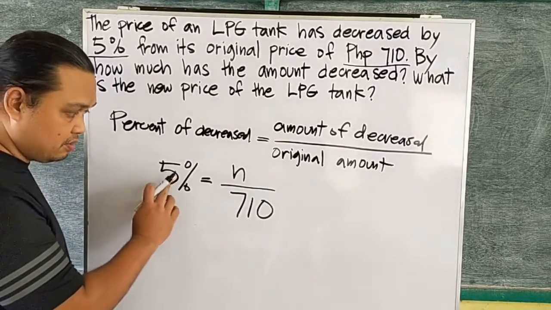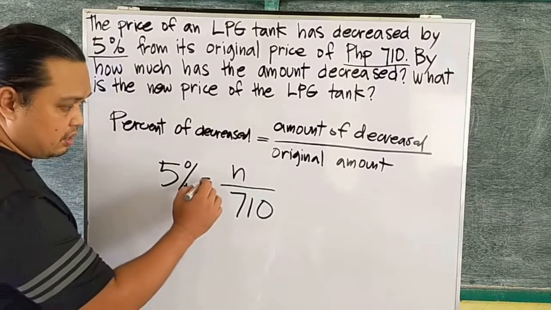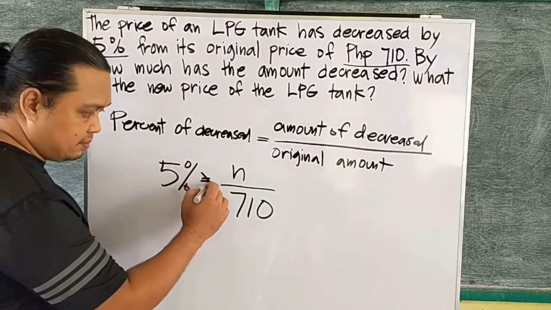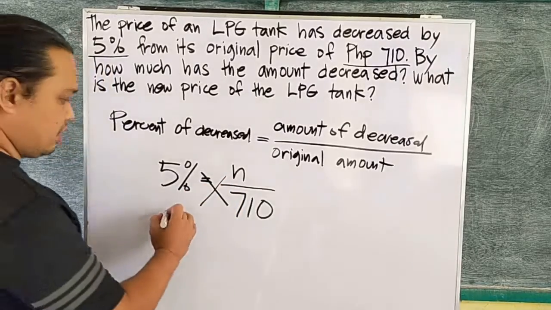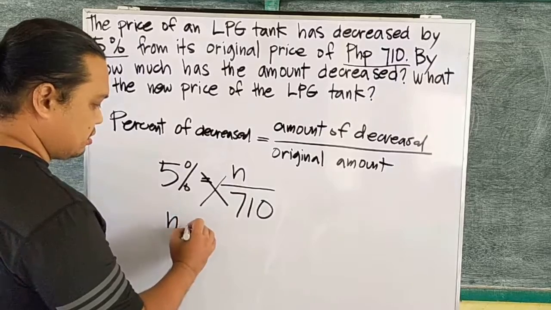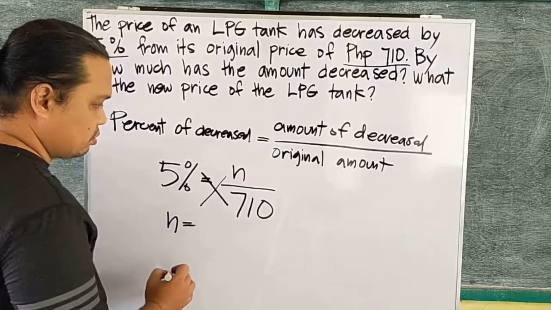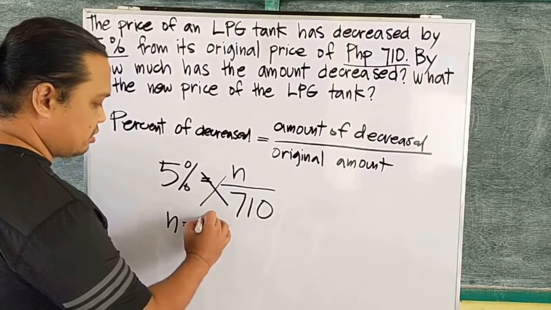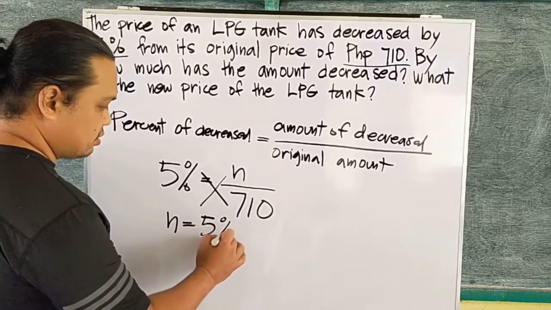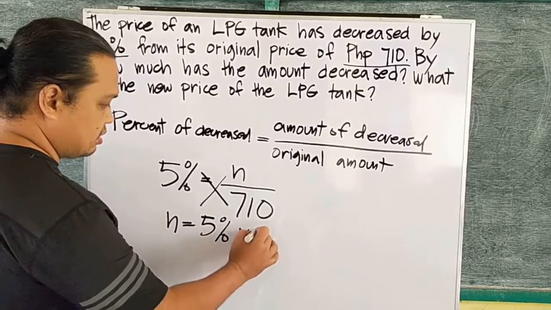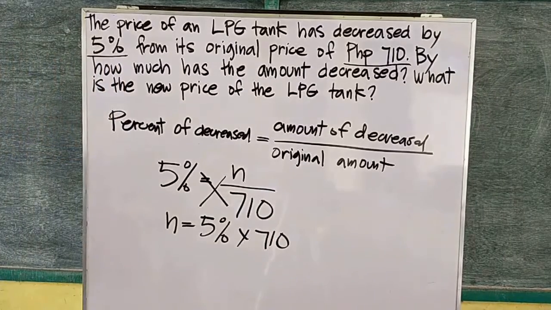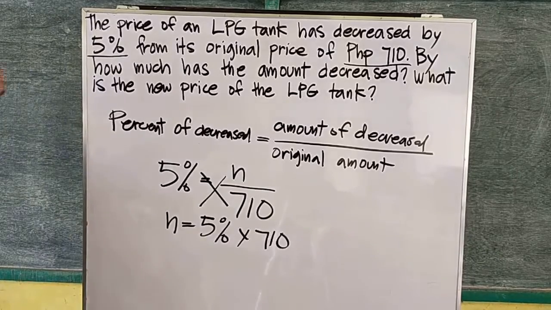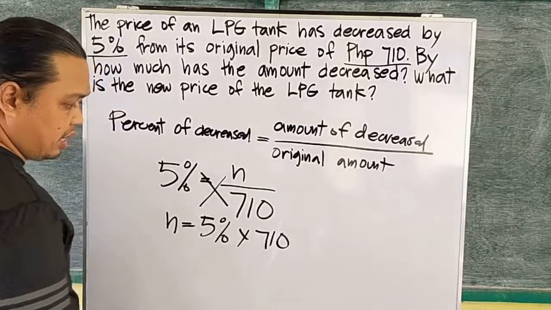So 5% here, just cross multiply, and it becomes N is equal to 5% times 710. That will be the solution. So we are now multiplying a percent by a whole number.